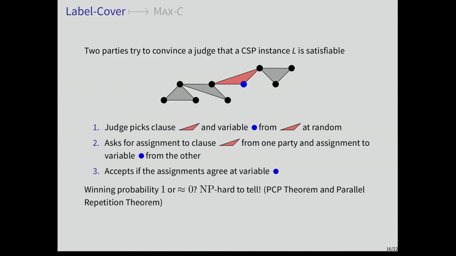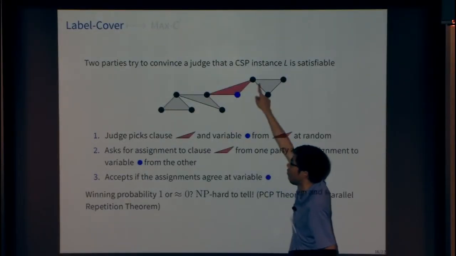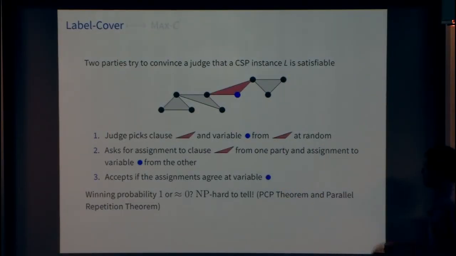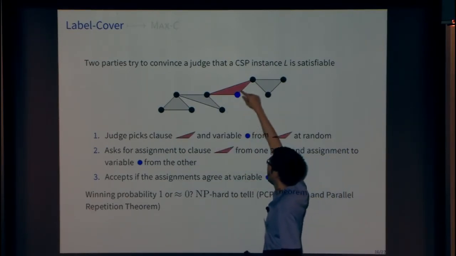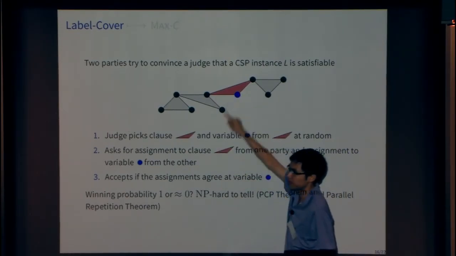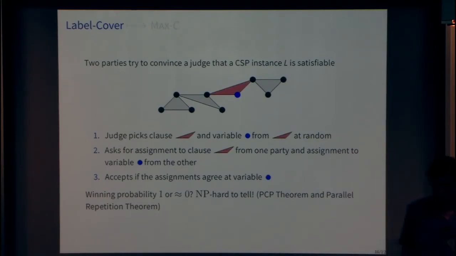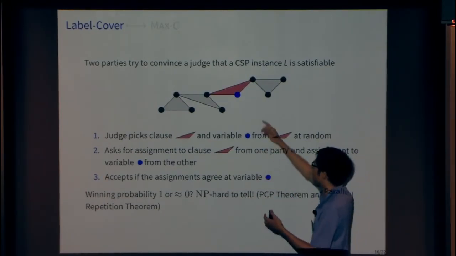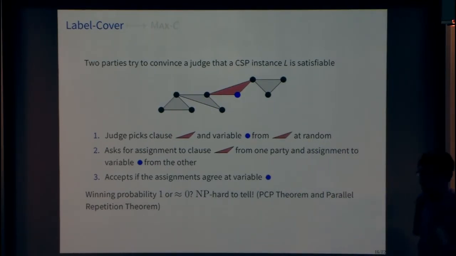One party will answer local assignments to all variables in this clause, this red clause. Another party will answer the assignment to the variable. And the judge can check whether the 2 players are honest by checking whether the assignments agree on the variable.